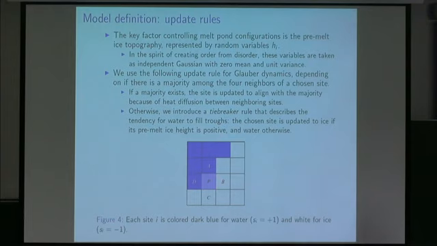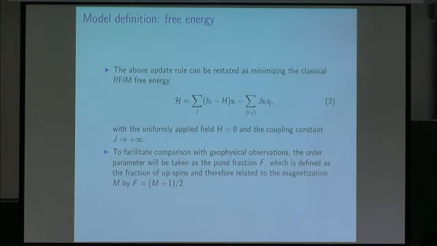This just describes very basic hydrology, namely water tends to flow onto low places, right? So if the ice topography is negative, you would want a water site to fill this site. All right. So this is pretty much it. The model is described by these two very simple update rules. In a more mathematical form, you can summarize these update rules as a single expression, which can be matched to the general form of the Ising model.